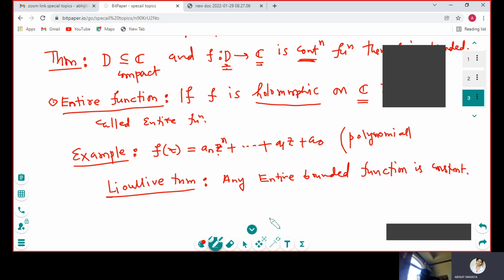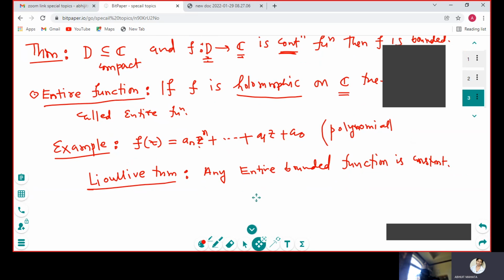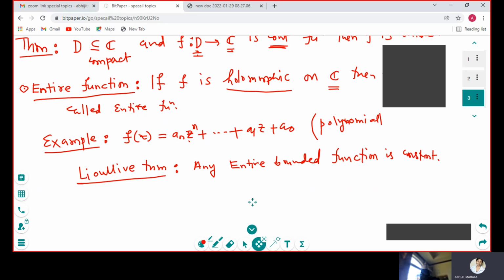If you take any entire function, this means a function f from C to C differentiable at every complex number, and suppose it is bounded, then it must be a constant function. So there is no non-constant function that is entire and bounded.